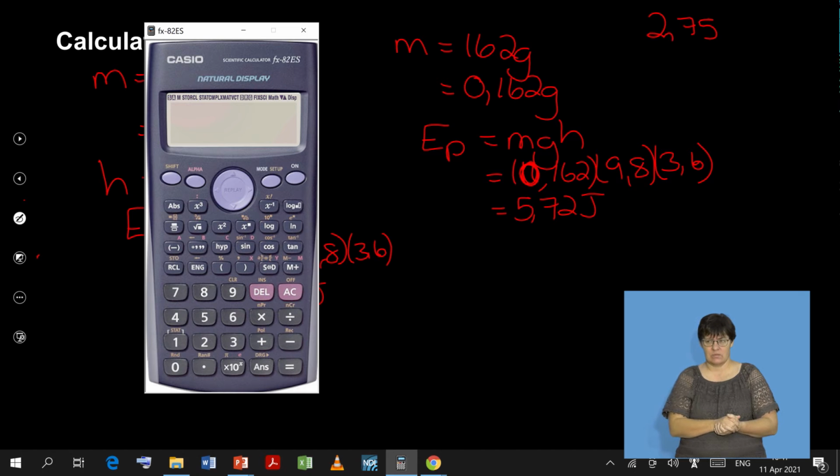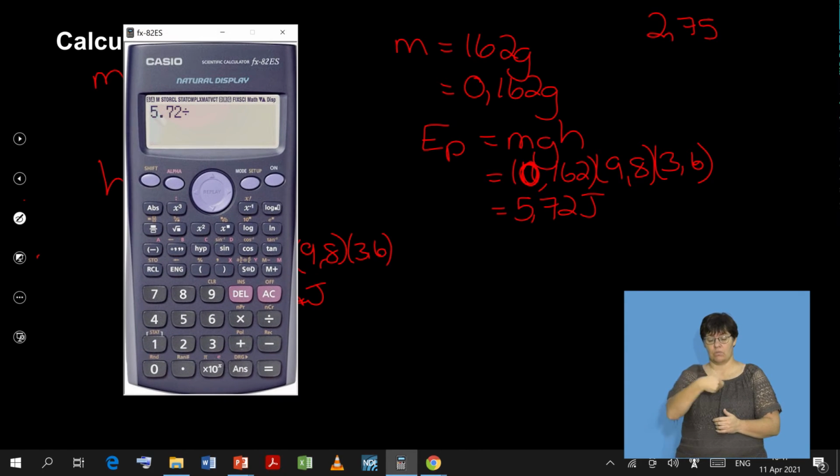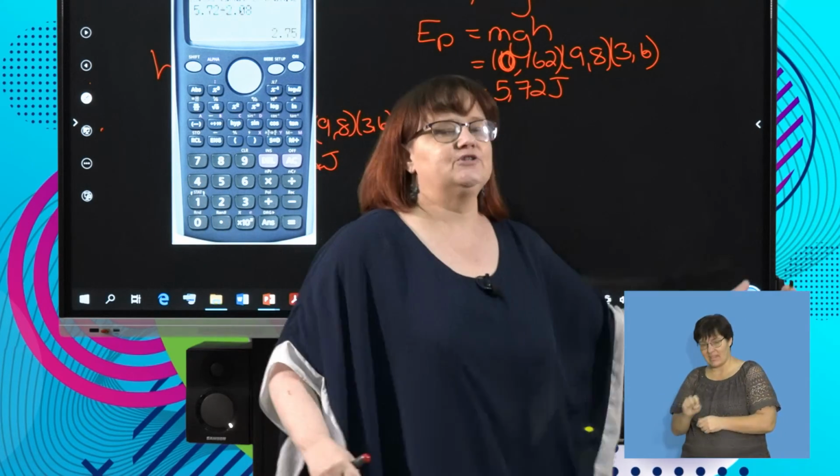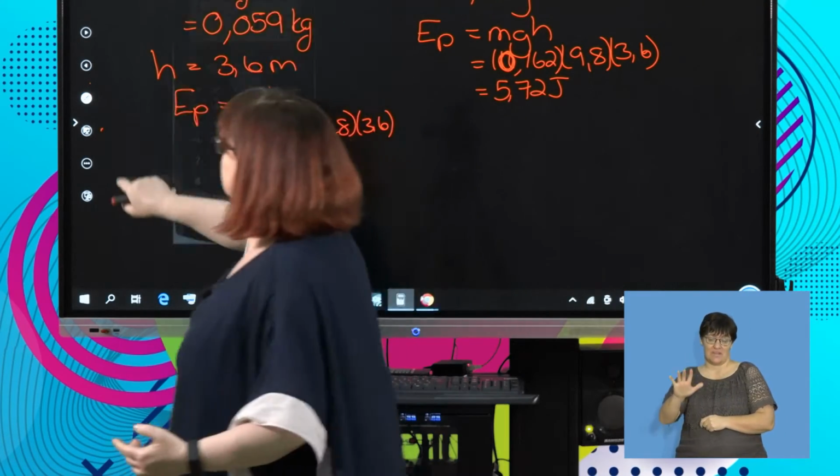So 5.72 divided by 2.08 is 2.75. What that means for me is that potential energy is directly proportional to the mass. The mass changed by a factor of 2.75, energy changed by a factor of 2.75.